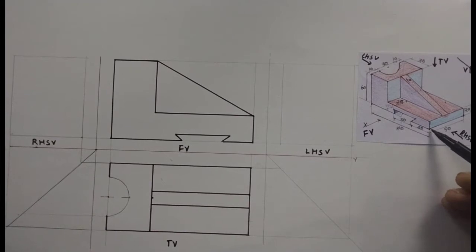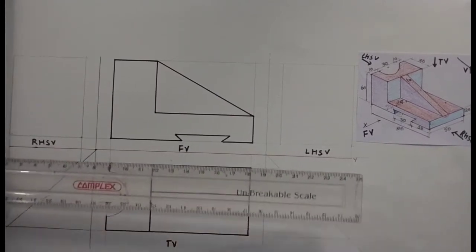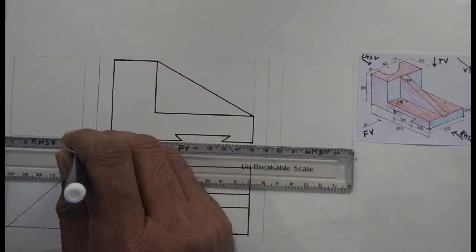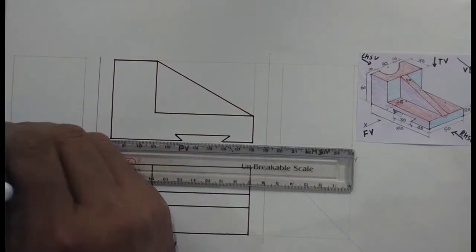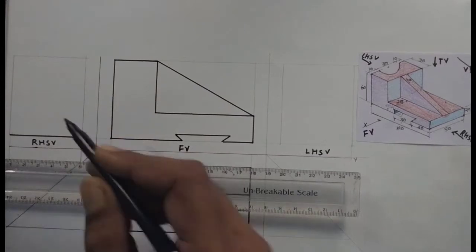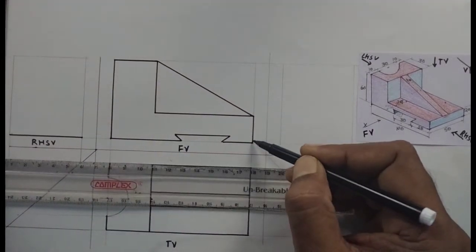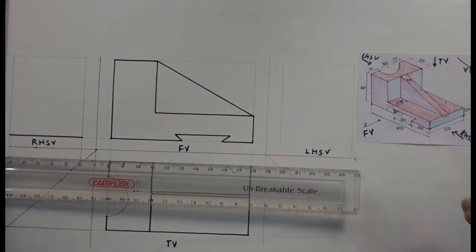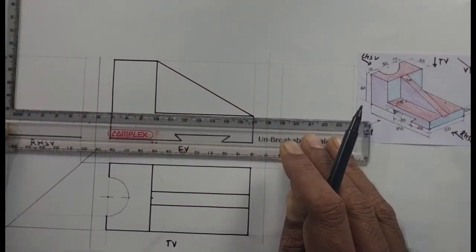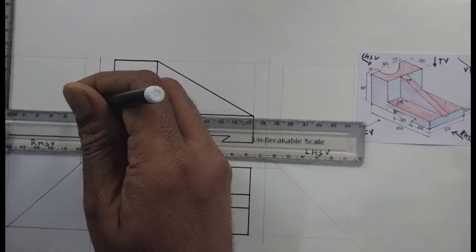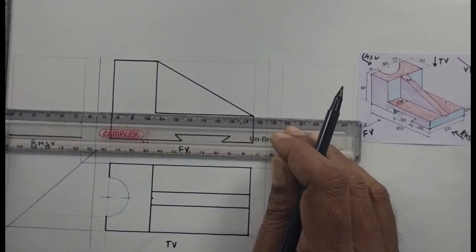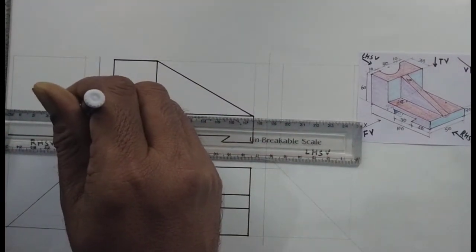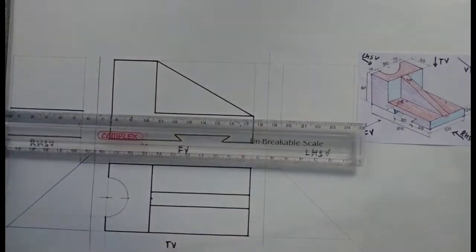So considering this corner, we draw the rectangle 50 by 20. So this is my 50 mm width, and for 20 mm I have the 20 mm dimension in my elevation, this one. So we can simply draw the projection line.